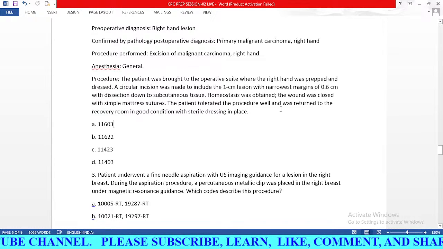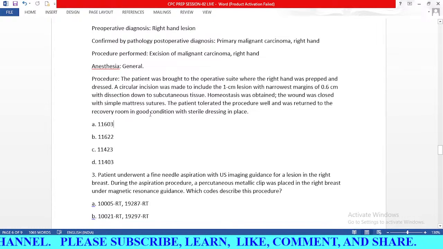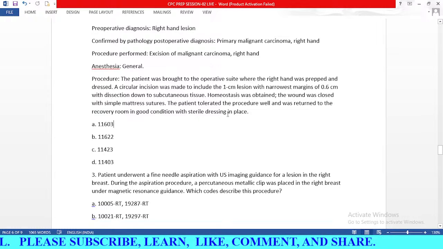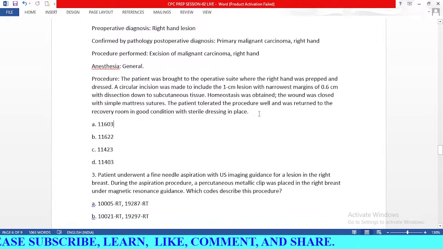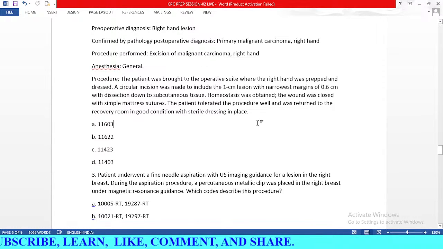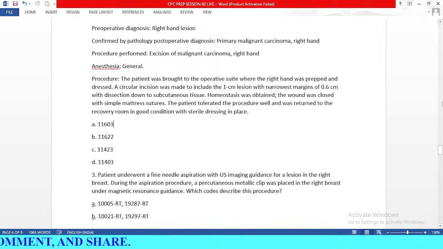The patient tolerated the procedure well and was returned to the recovery room in good condition with sterile dressing in place. Take a few minutes, all of you write the answer in the chat box so that we can discuss.